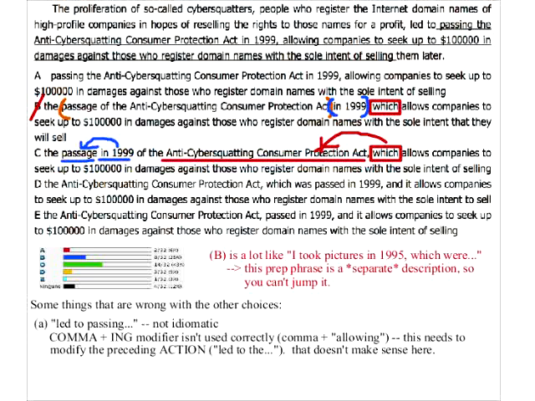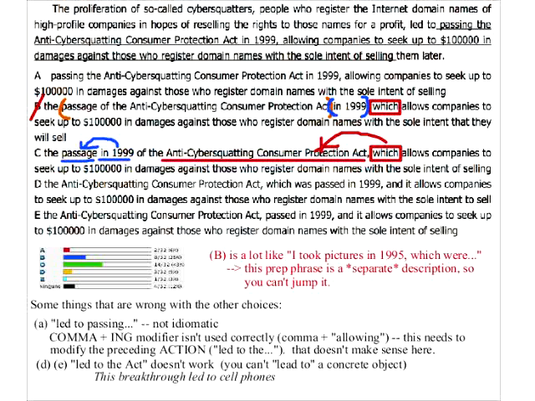Choice D and E, led to the act doesn't work. You can't lead to a concrete object. For example, if you say this breakthrough led to cell phones, this is incorrect. This is not idiomatic.